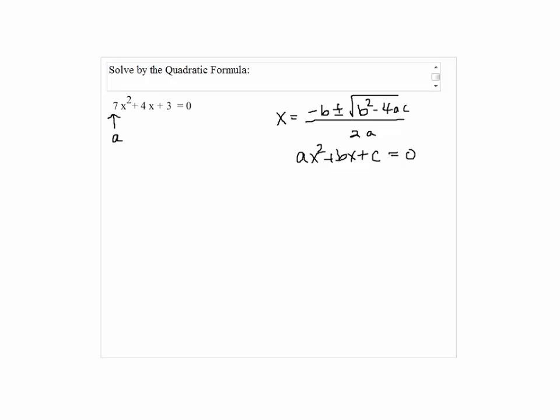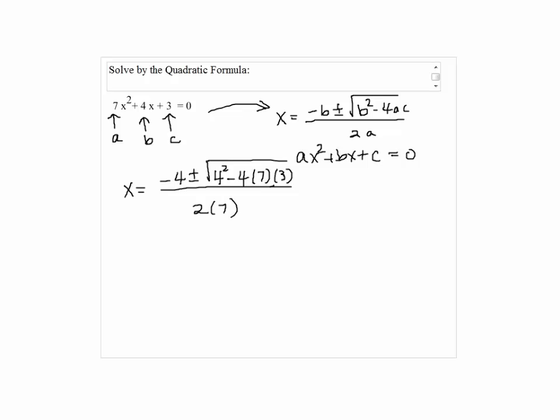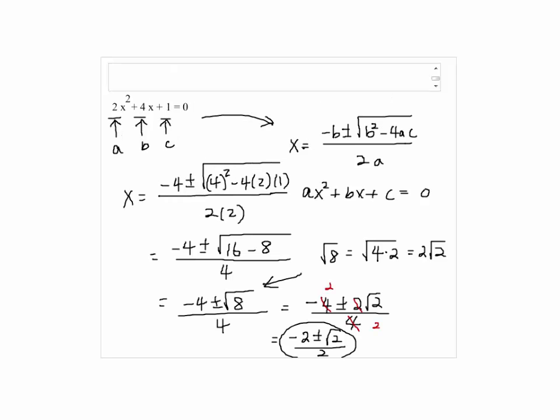A in our equation is 7, and 4 is our b, and c is our 3. So by plugging these numbers into the formula, we have x equals negative 4 plus or minus the square root of b squared, which is 4 squared, minus 4 times 7 times 3, over 2 times a, which is 7.